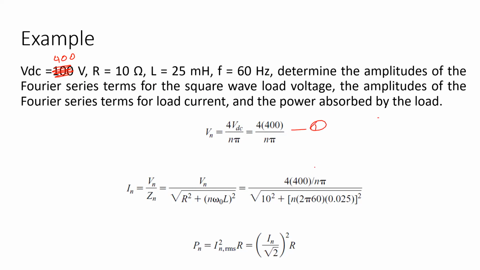If it is 1, so we have applied n equals 1 here, and our load is 10 plus L 25 millihenry. So this is j omega L, and we are putting an n here to compensate for harmonics. So that's how we find impedance, and In is there. So that is the expression for current and power, same equation we discussed earlier.